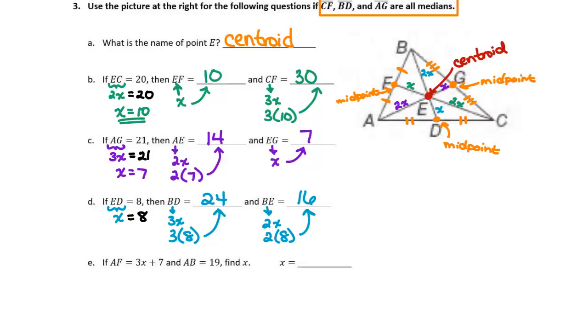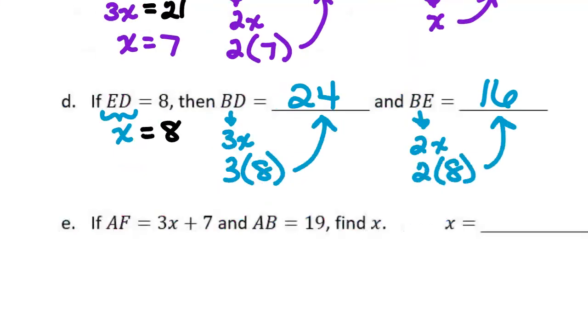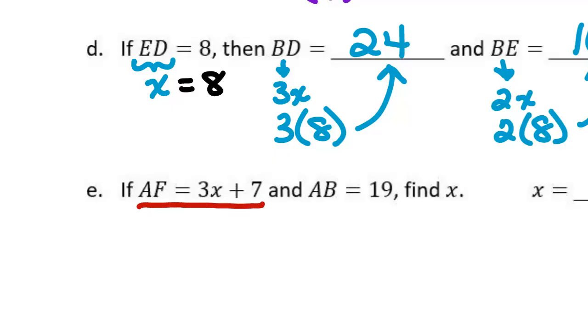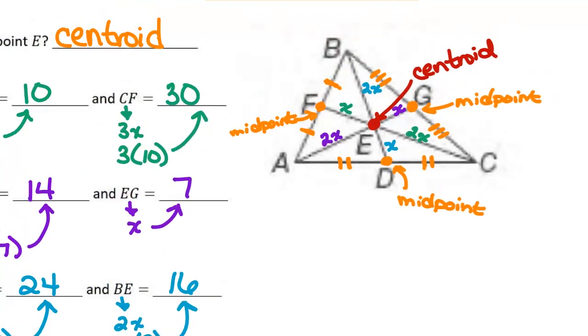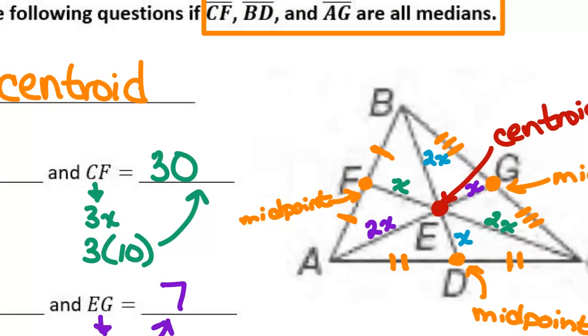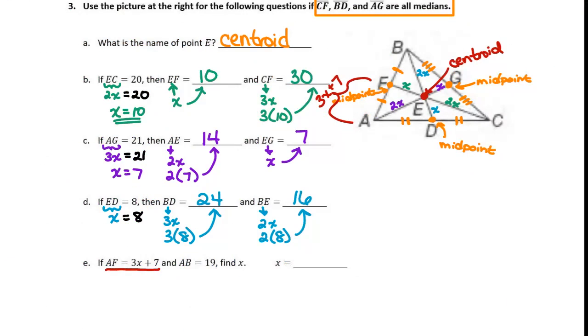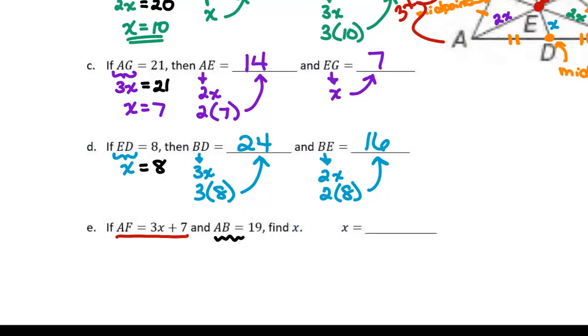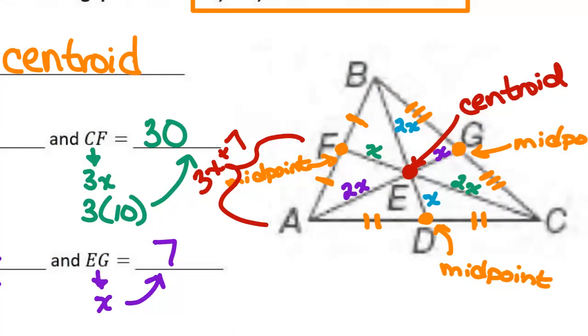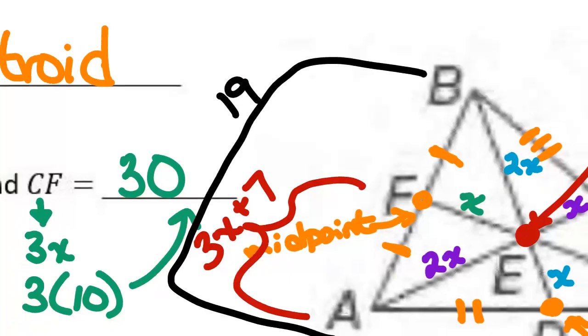All right. Last part of the question. It says that AF is 3x plus 7. So let's find AF right here. 3x plus 7. And AB is equal to 19. Well, AB is this whole thing here, right? We're saying that's 19.